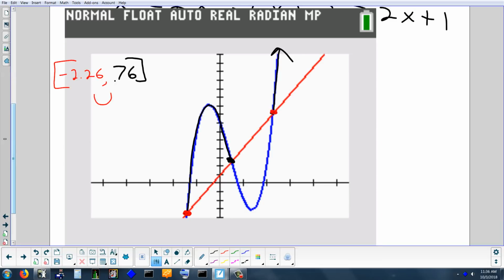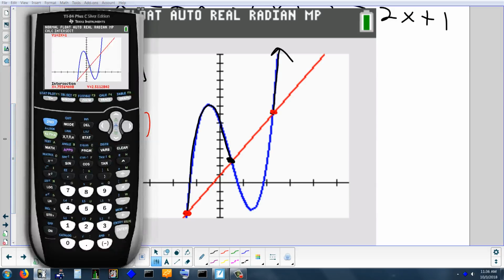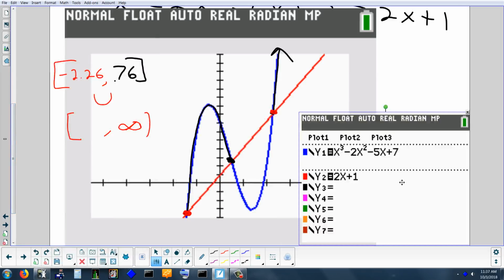So does anyone have what that other point is? Yeah. I'm just wondering. Can I see where you put in your calculator? Because I'm not getting what you have. I can put that right over there.